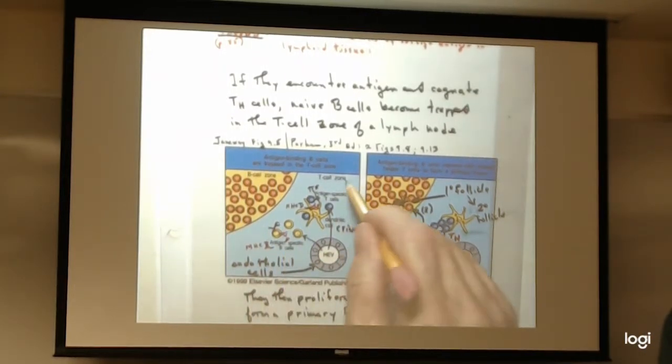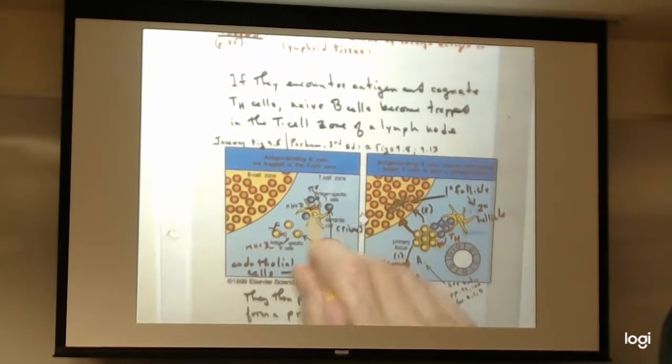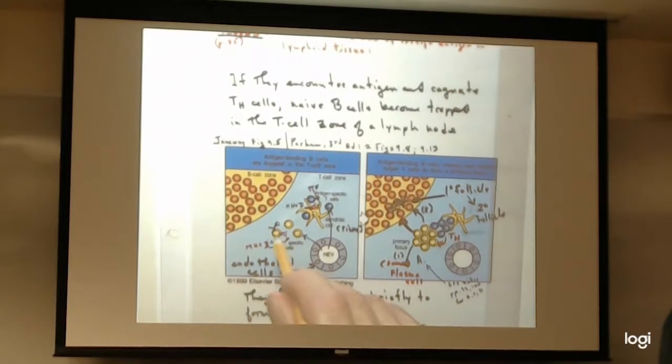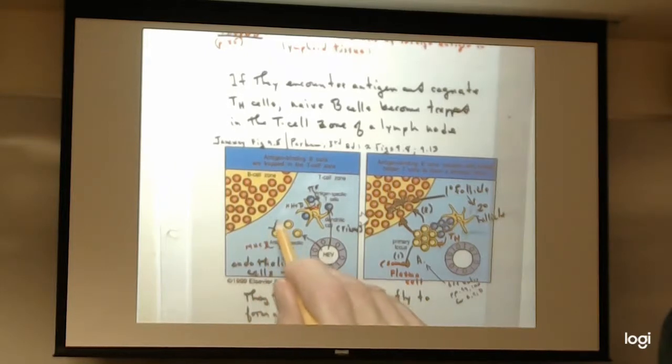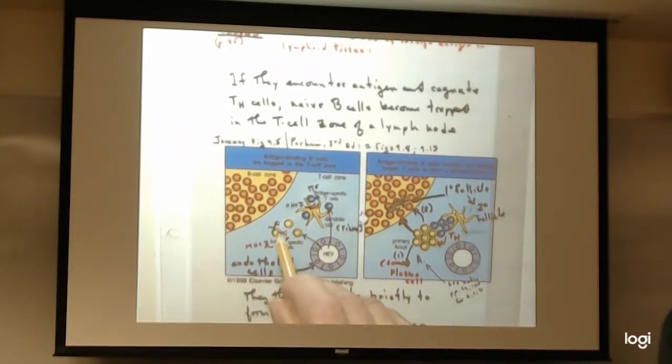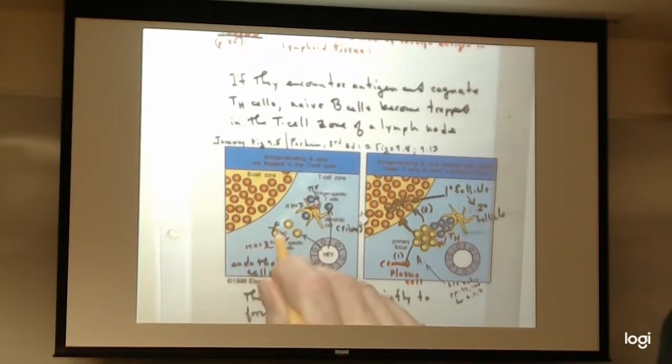Because this is the T cell area, there's all kinds of T cells in here too, and there's a pretty good chance that this B cell binds the foreign antigen, which it will then bring into itself and present peptides from that foreign antigen on its own MHC2 molecules.